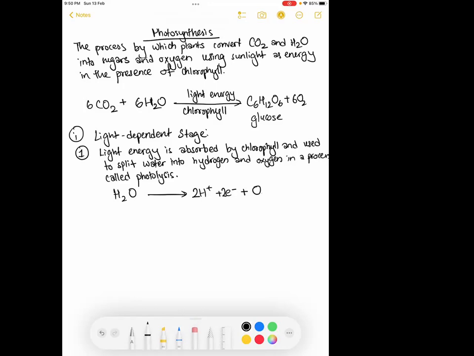I think I made a mistake. I need to put O2, but then I need to balance it using a half. And then the oxygen atoms combine to form oxygen gas, and this is the product of photosynthesis.